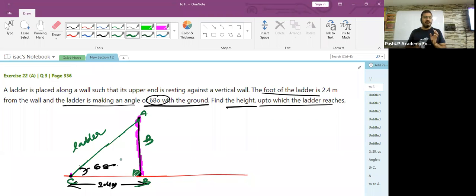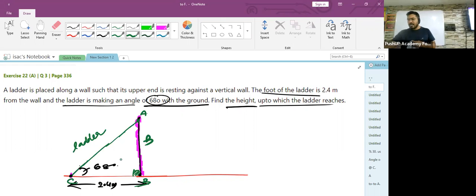They're simply asking you to find the height of the wall that the ladder has reached. So it's all about the wall. You just need to see where the top of the ladder has touched the wall. It's at point A. So from point A to B, you have to find.